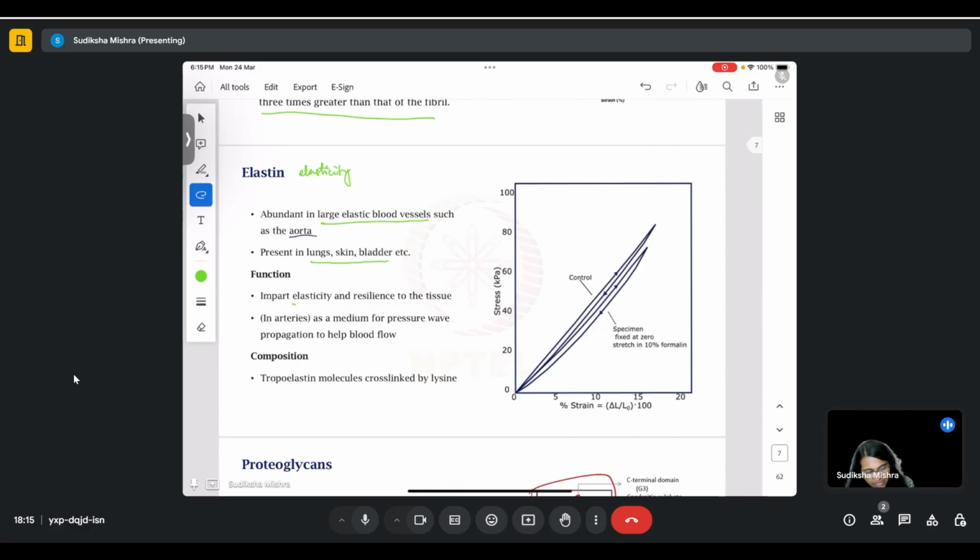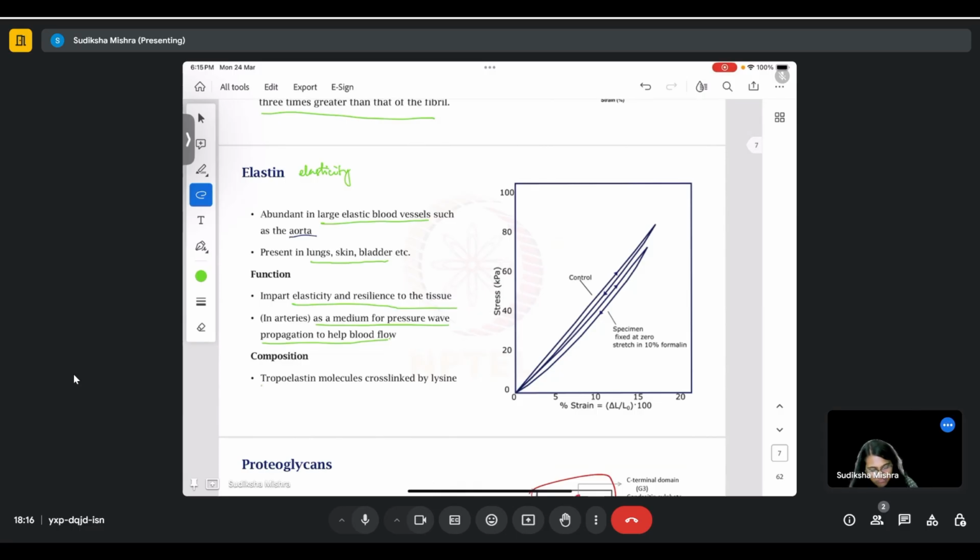It functions to impart elasticity and resilience to the tissues. In arteries, it also functions as a medium for pressure wave propagation to help blood flow. So there is the systolic diastolic pressure, and elastin aids in that.